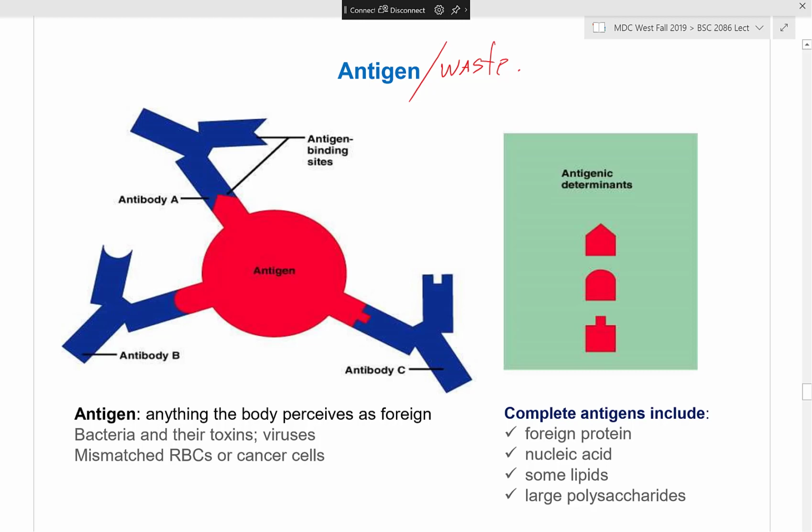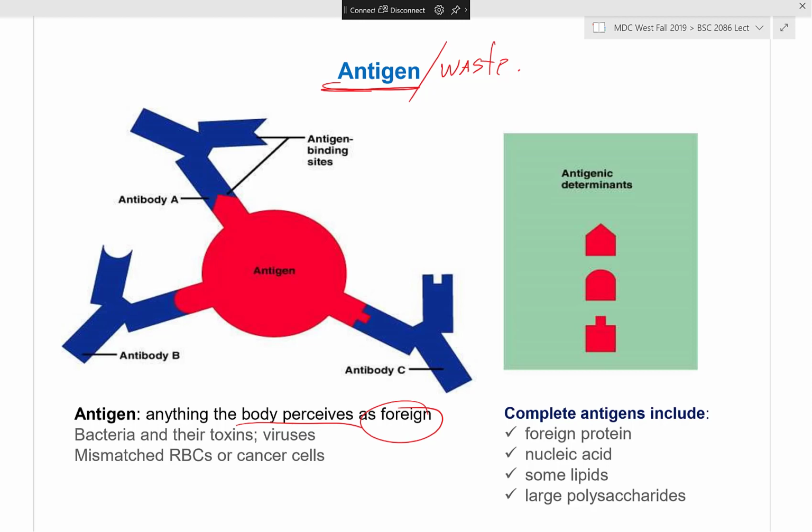Now, in this case, as this bacteria or virus gets all the way into your cells and starts to invade the cells and kill the cell, it's going to leave something known as the antigen. What is an antigen? An antigen is anything in the body that is perceived as foreign. It means it's not part of the body. So if it's not part of your body, would you like it?